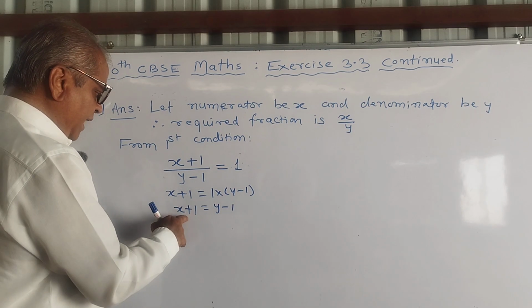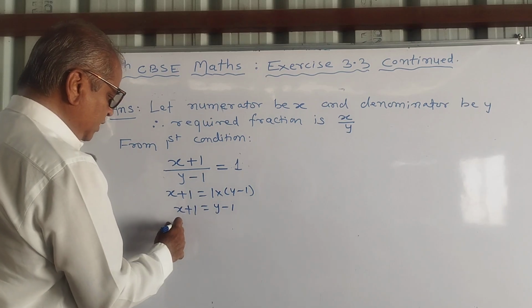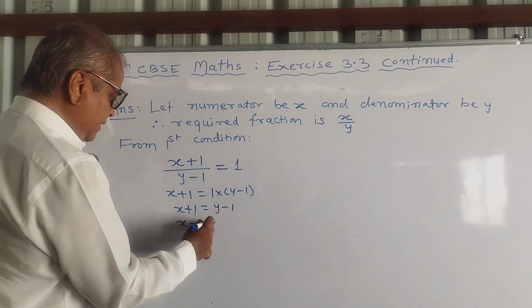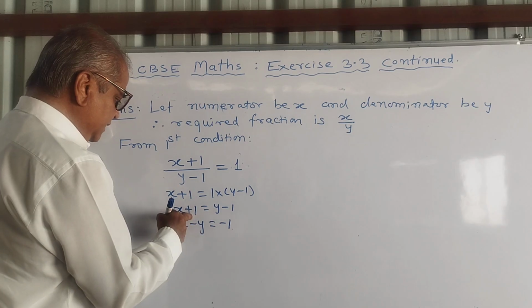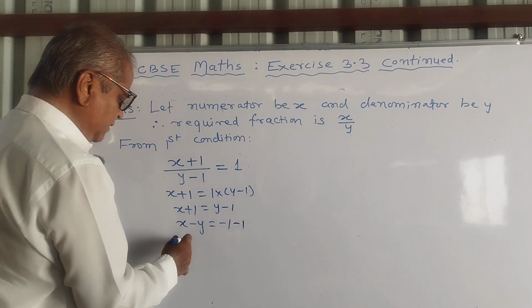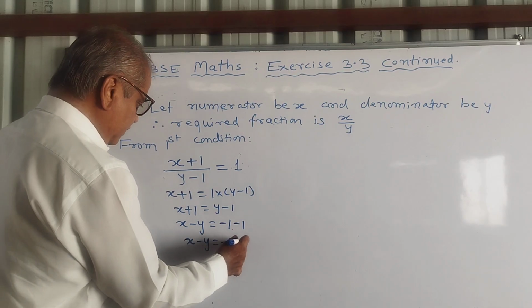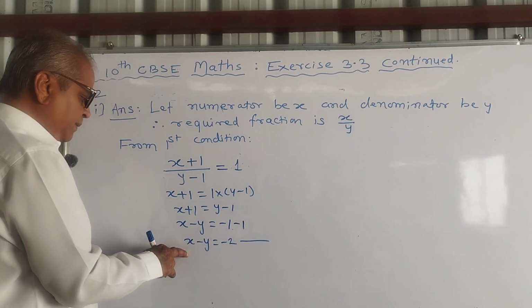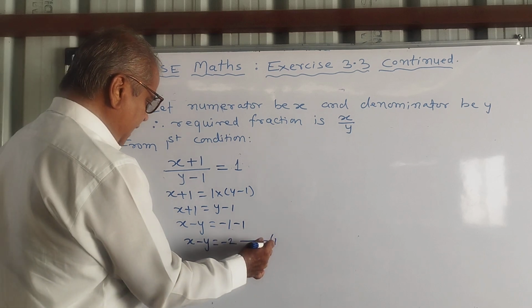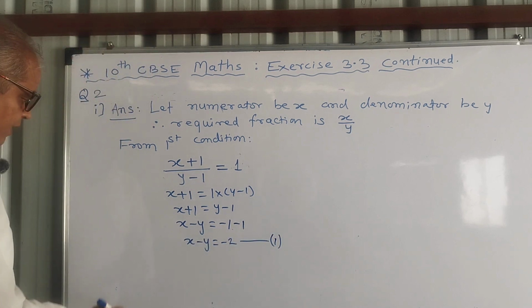Now transfer this y here and plus 1 there. So it will be x minus y is equal to minus 1, and this plus 1 will be minus 1. So x minus y is equal to minus 2. Now we got the equation as per our requirement. Now number it as equation number 1.